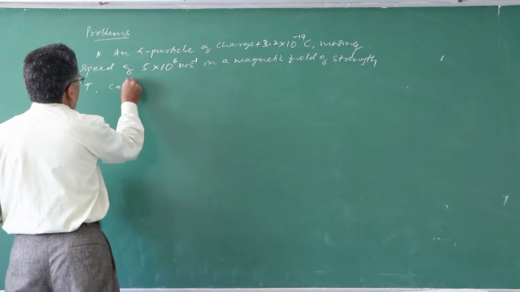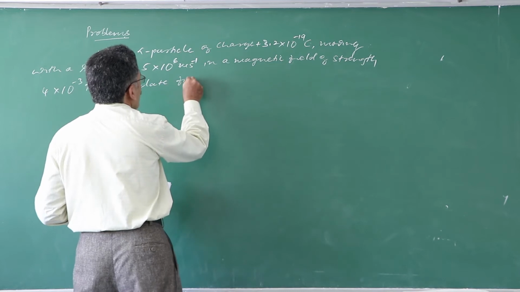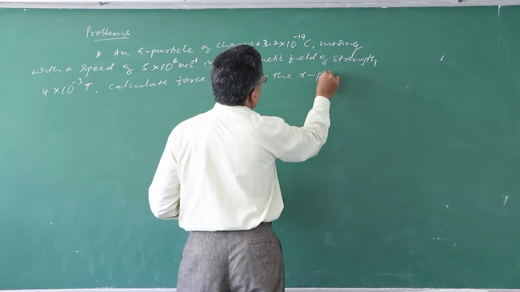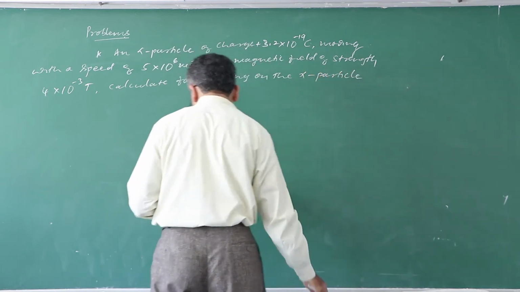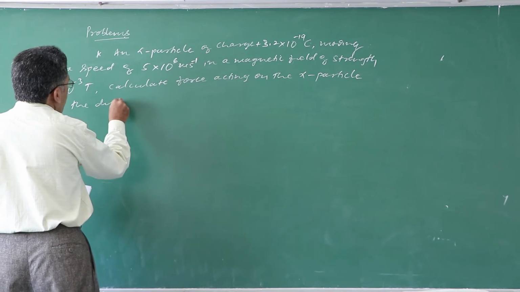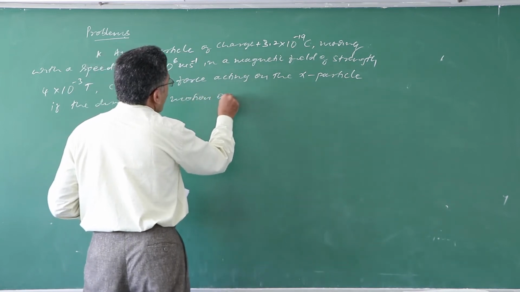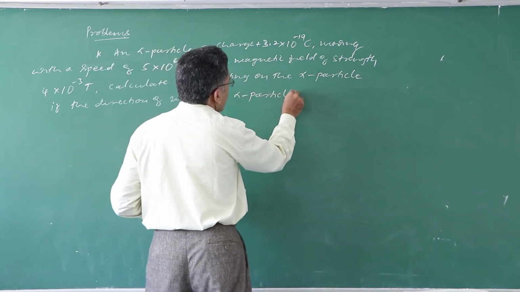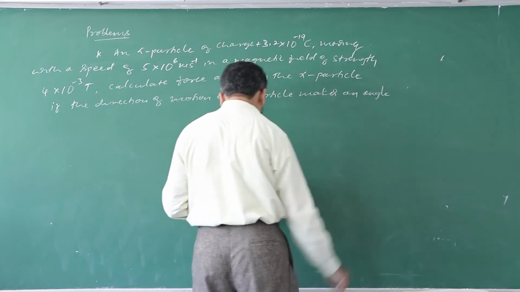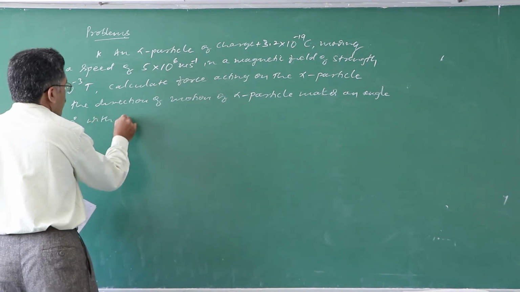Calculate the force acting on the alpha particle if the direction of motion of the alpha particle makes an angle 30 degree with the field direction.